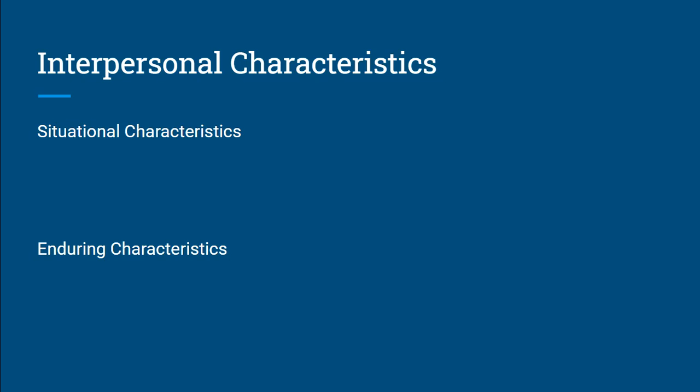So these enduring characteristics are stable and consistent, whereas situational characteristics are emotional responses to a specific situation, which is normally short term. Check out box 5.4, which covers interpersonal characteristics that can be both situational or enduring, with great descriptions of each.